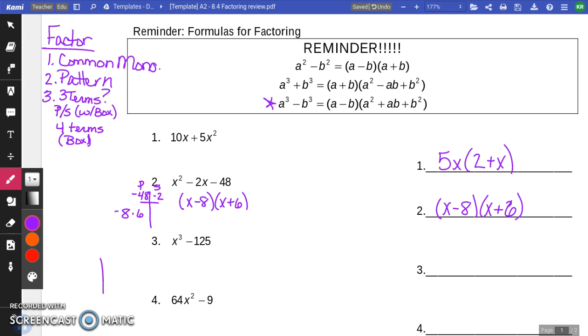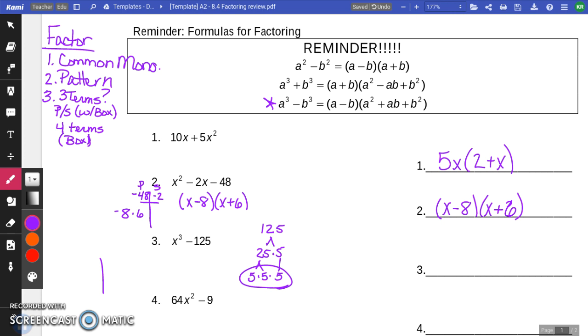But think about 125. If you do a factor tree on 125, this is 25 times 5, and then that 25 is 5 times 5. So you can see the prime factorization, it would be 5 cubed. So that tells me this is a difference of cubes pattern.